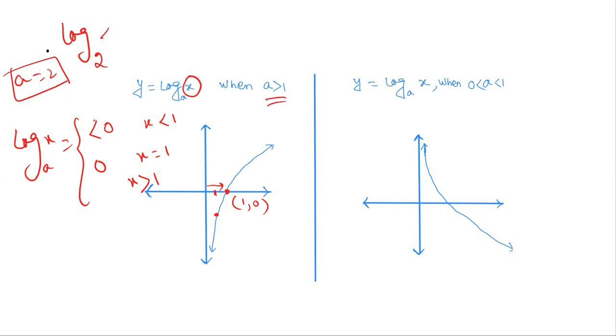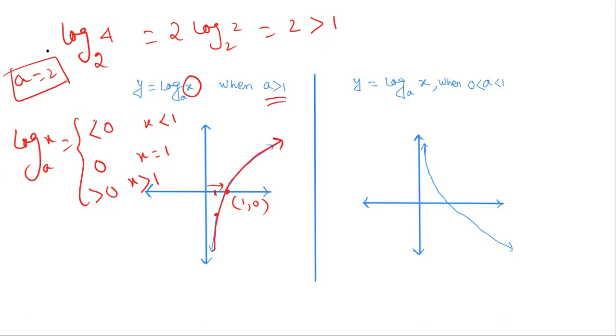So for easy understanding, I'm taking 4, an exponent of 2, so that we can easily solve the log. So this is log 4 base 2, which will become 2, which is greater than 1. Or let's say it is positive, because the graph will be above the x-axis. So the graph is like this, right?